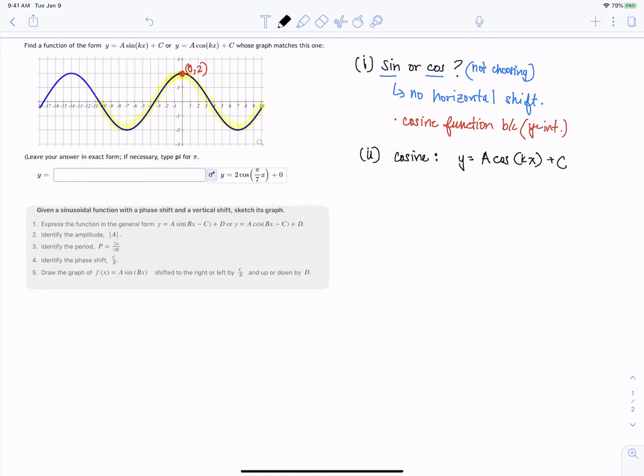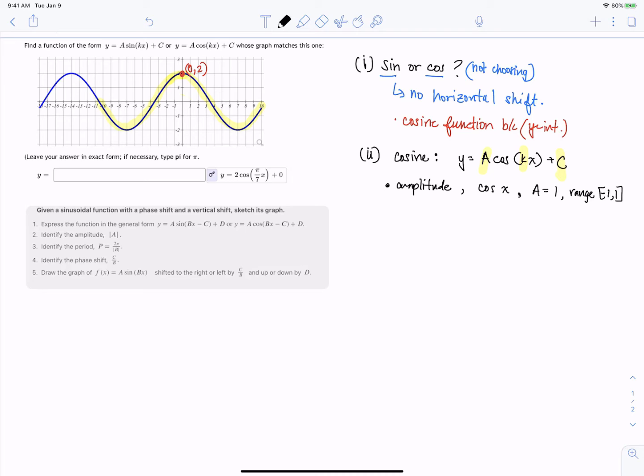Okay, so let's go ahead and find a, k, and c. In this case, a is the amplitude, right? For the normal cosine of x, the amplitude a is equal to 1. That's because the range is -1 to 1.